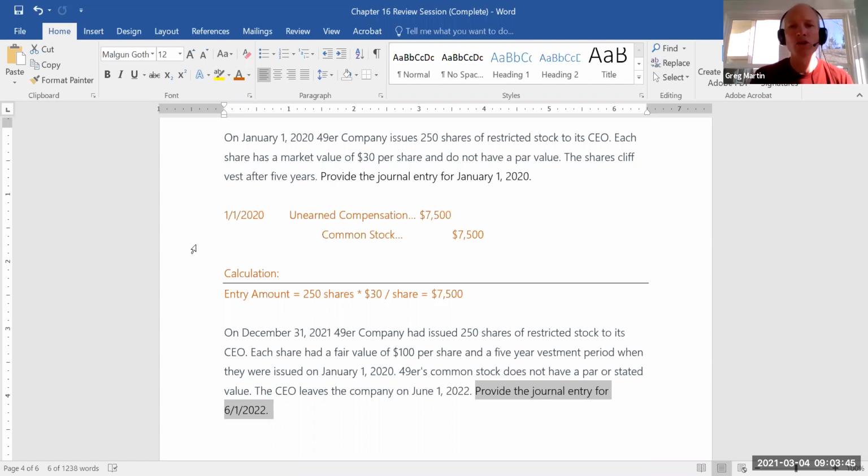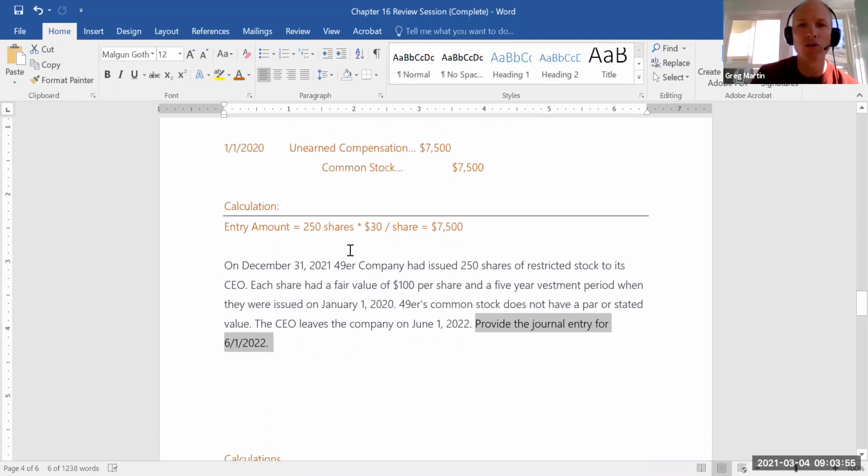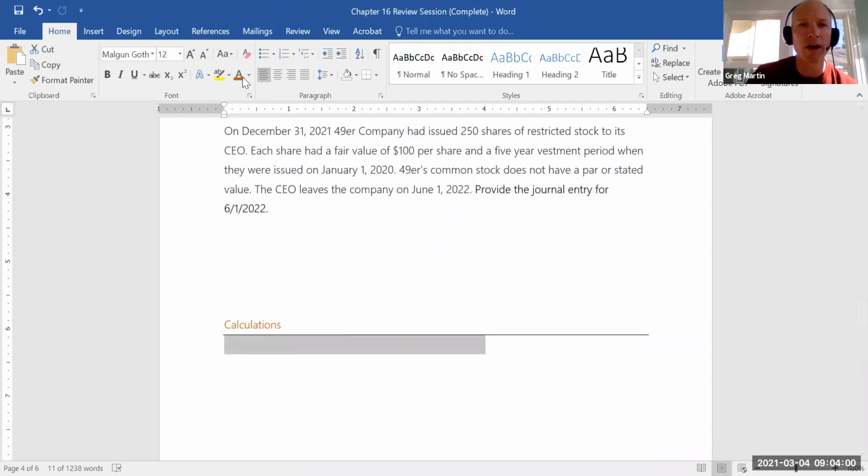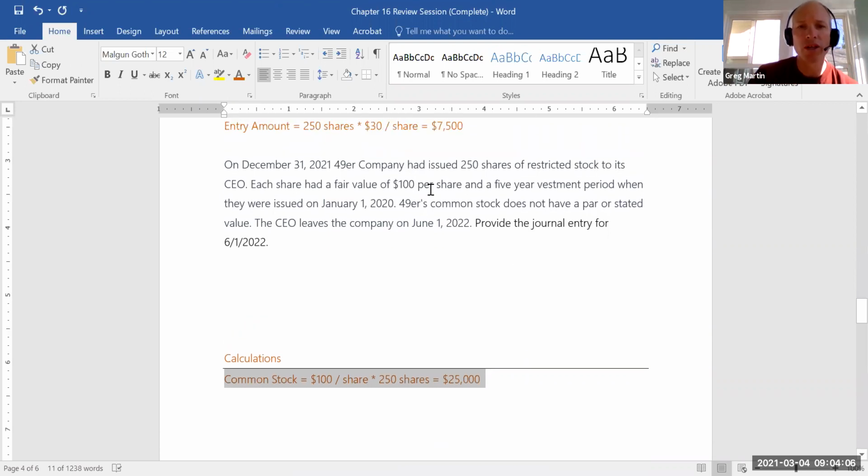All right. And so now we've got to figure out, given that this executive left, we've got to unwind everything and kind of get back to before the CEO was there. We basically have to undo the effects of these restricted shares. And so the first part of that is the common stock account. When we originally issued these shares, they were assigned a value of $100 per share times 250 shares, which is $25,000.